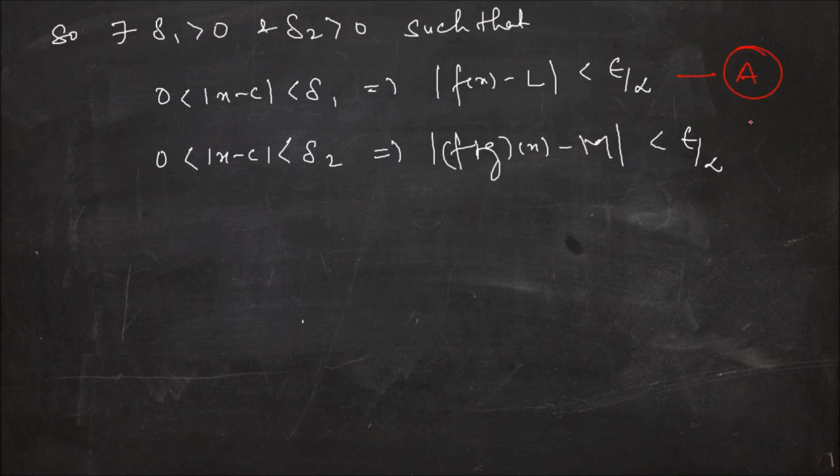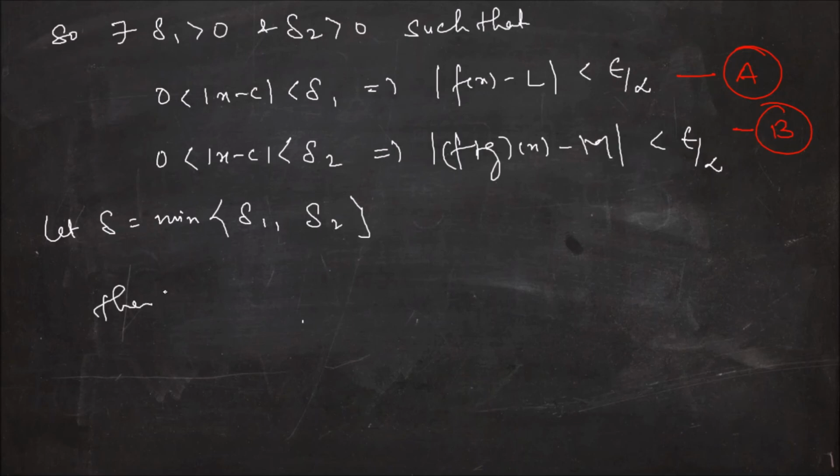So make this A and make this B. I want A and B to hold simultaneously for the same delta. So I will choose delta equal to the minimum of delta 1 and delta 2.